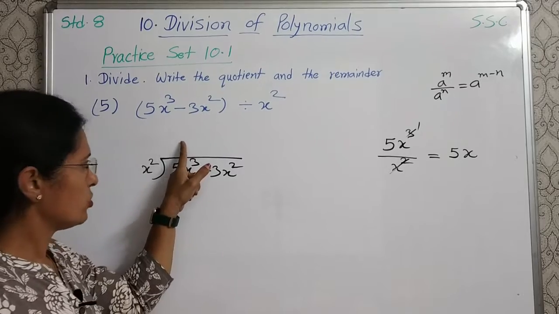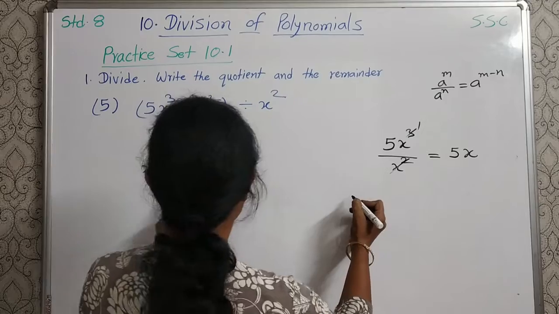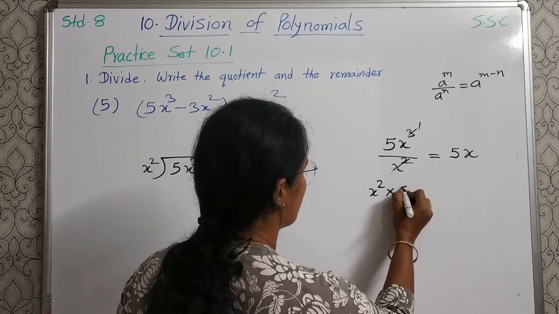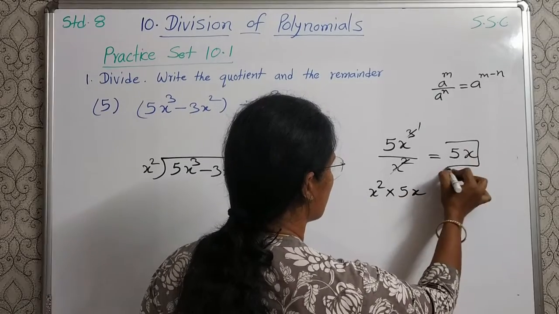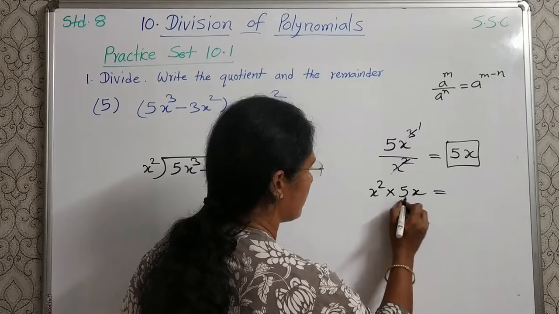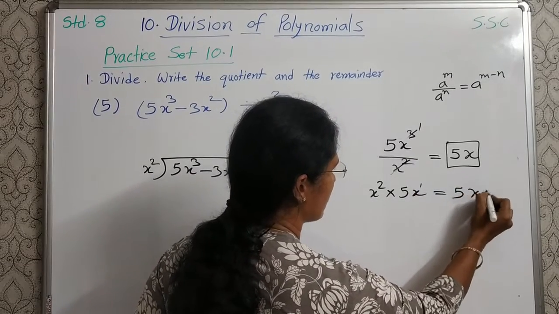When we multiply that quotient with the divisor, we get 5x cube only. See, x square multiplied by 5x. We multiply this quotient with the divisor, 5x into x square. So 5 ones are 5, x square and x raised to 1 is x cube.